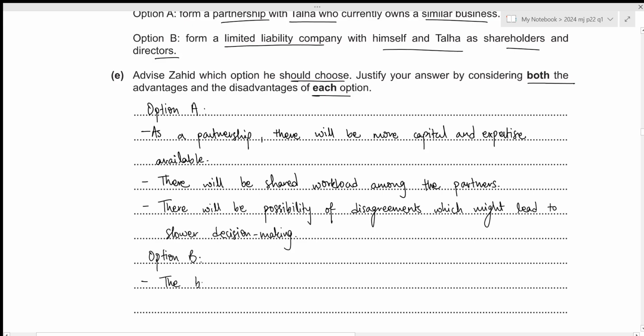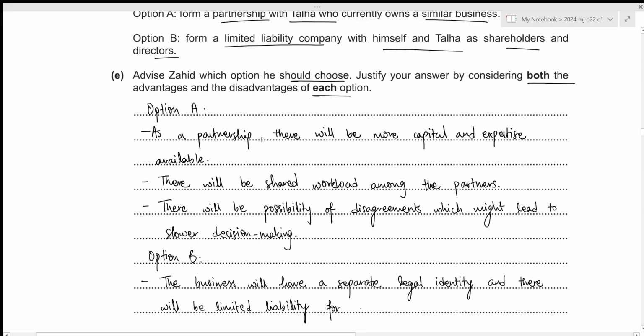The business will have a separate legal identity and there will be limited liability for debts of the business.